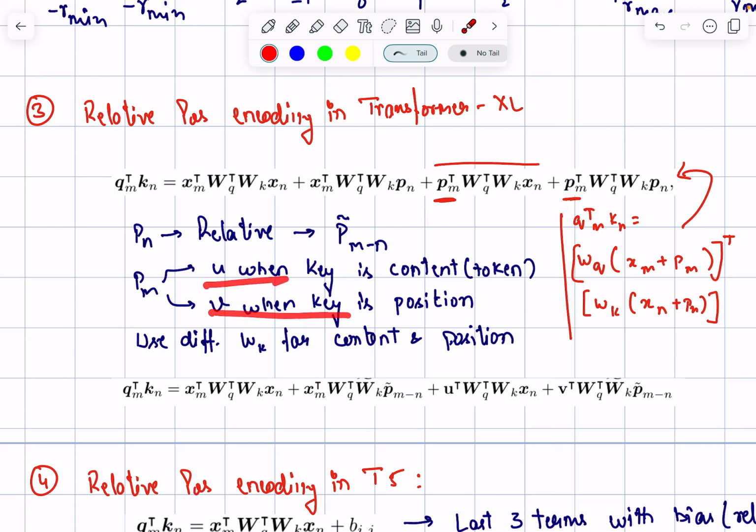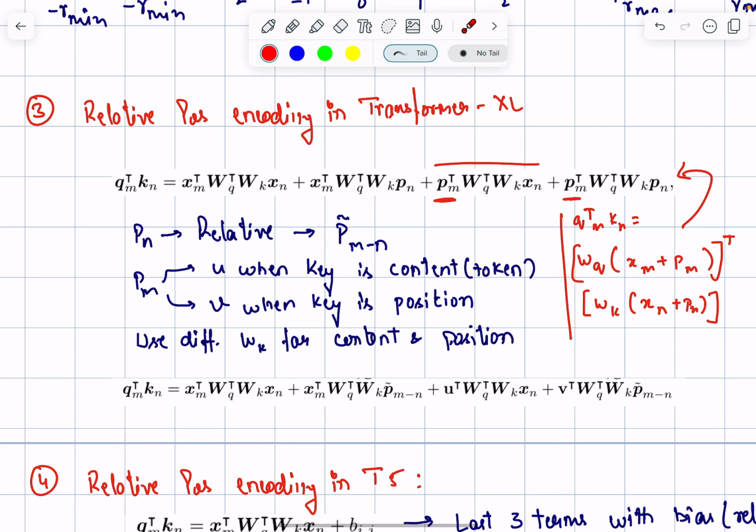Okay, third thing they did is they use different WK for content and position. They say that now that you have divided the input sequence into two parts, that means you have a position and you have a content which is represented by x here. You use different values for WK here, you do not share the weights there.